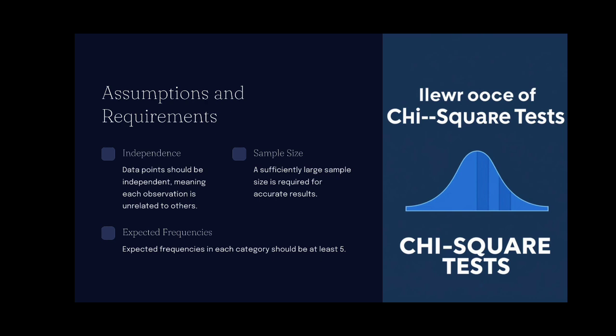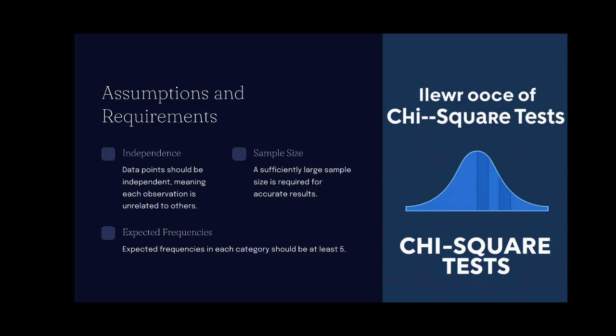That is, it has no particular distribution. It can be used with any type of population distribution. Then it is easy to calculate the chi-square test statistic. What does it do? It analyzes the difference between a set of observed frequencies and a set of expected frequencies.